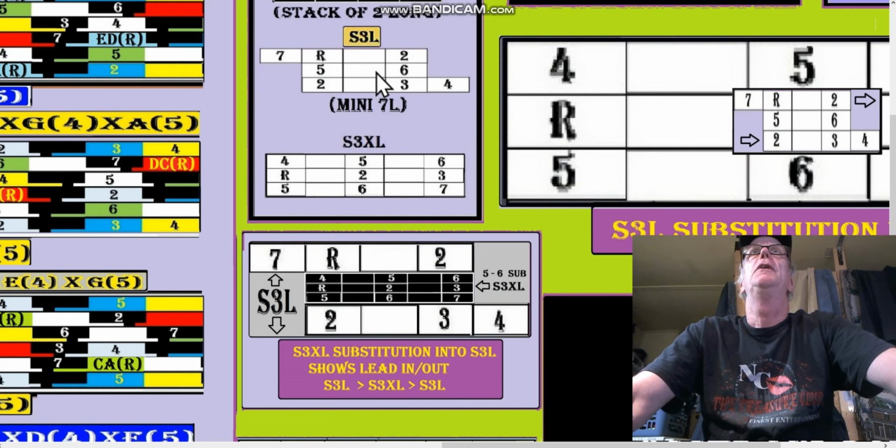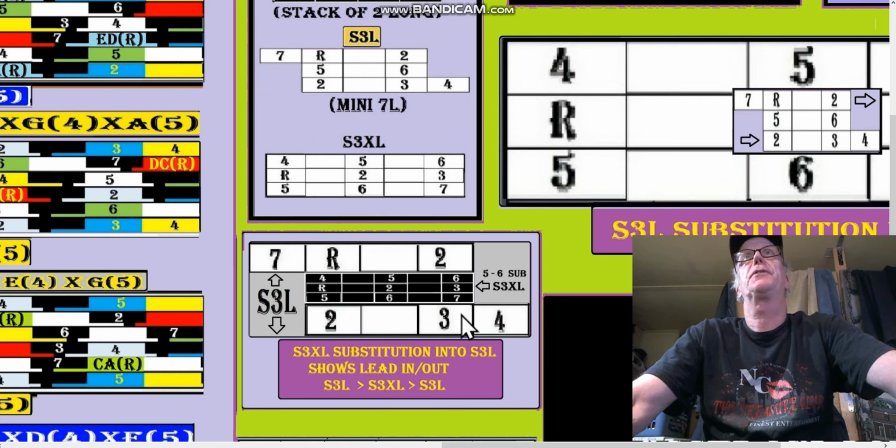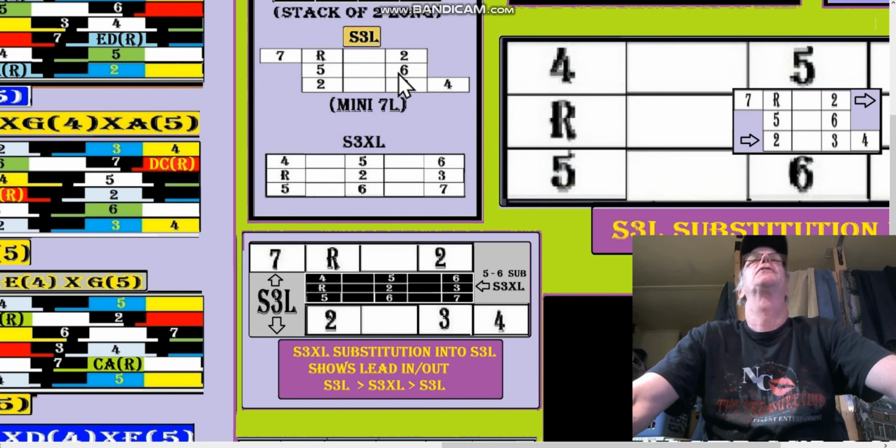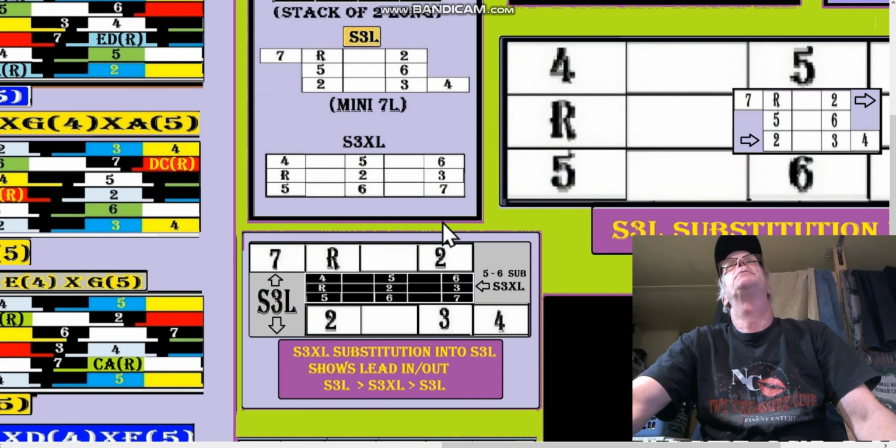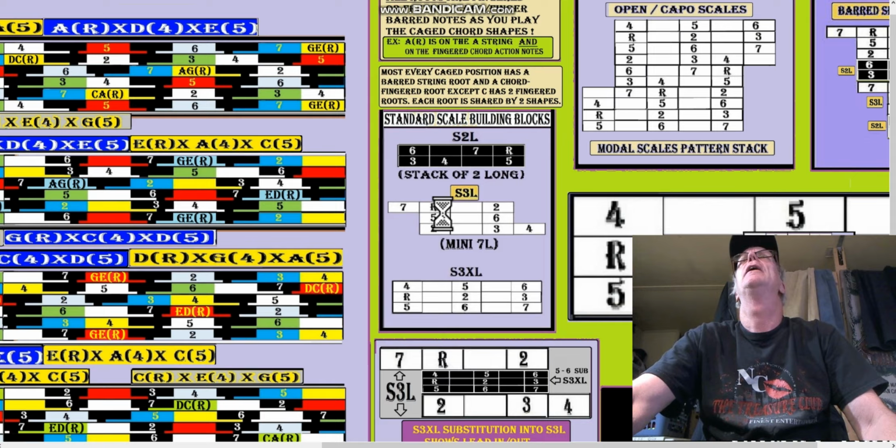So replace that 5, 6 with this 5, 6, 7, root, 2, 3, 4, 5, 6. And you get an S3XL substitution into an S3L. So it's 2, 3, 4, 5, 6, 7, root, 2, 3, 4, 5, 6, 7, root, 2 instead of just 5, 6. So those are the substitutions that are on the chart.